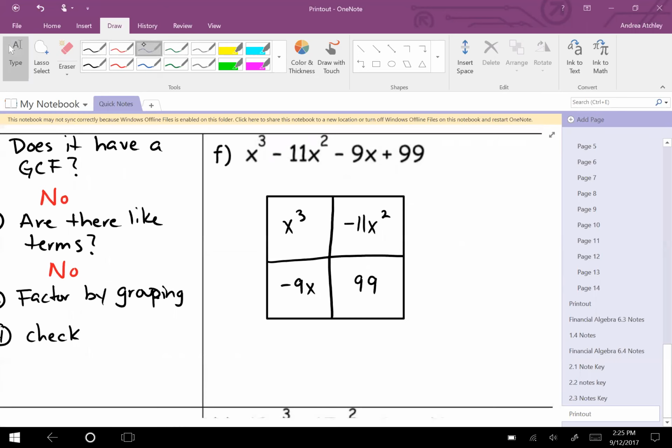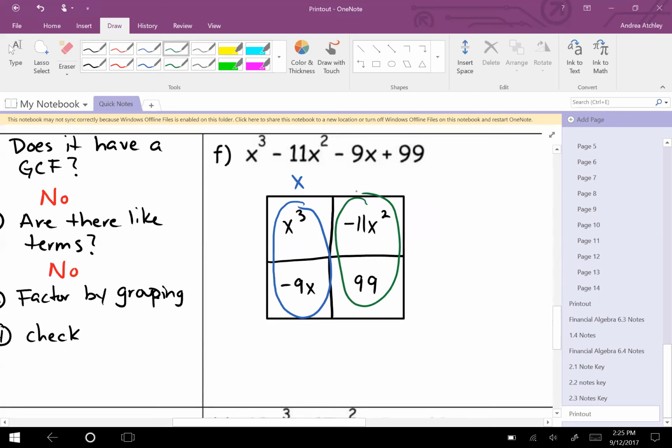And then we're going to group them. Bobby, what do those two have in common? The x. And there's just x to the first power because that's the smallest exponent there. Here we go to the next one. Okay.